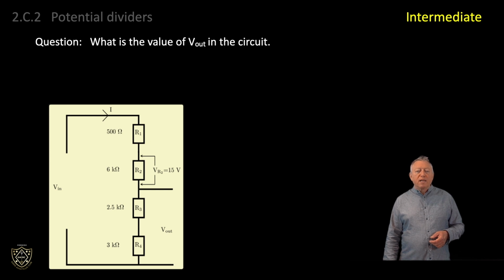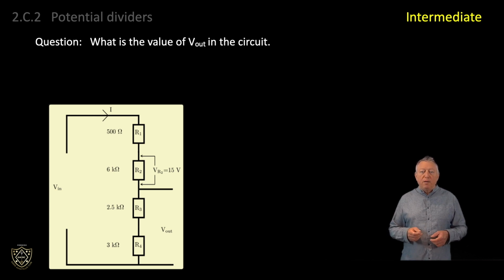Let's do a slightly more complicated or difficult question where we are not given the current through the potential divider or Vin. What is the value of Vout in the circuit shown below?